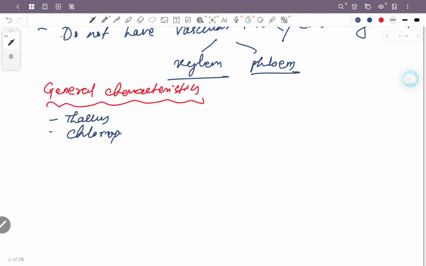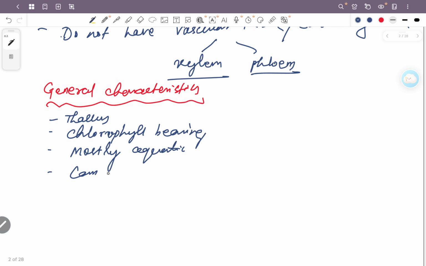Chlorophyll bearing, mostly aquatic. Okay, and can be unicellular, colonial or multicellular.